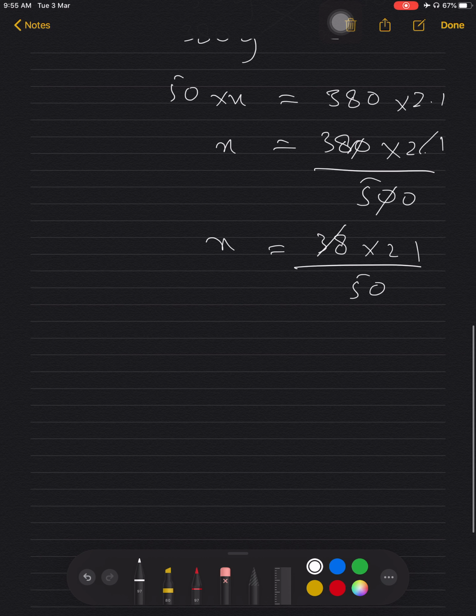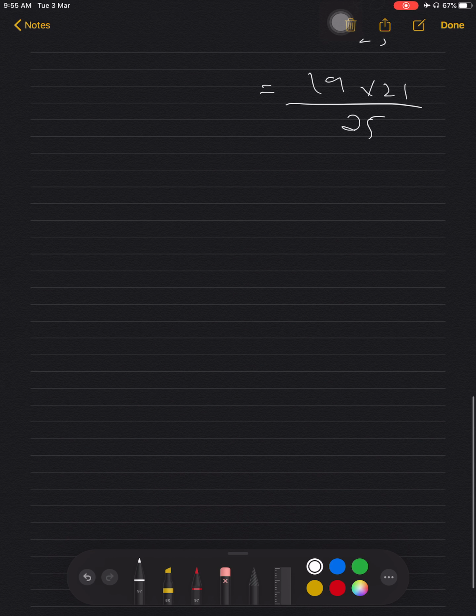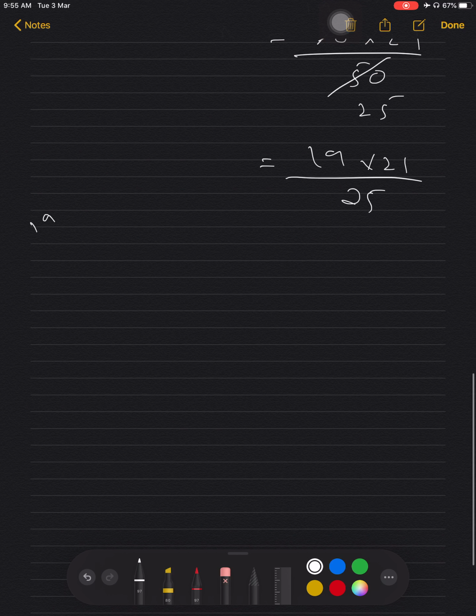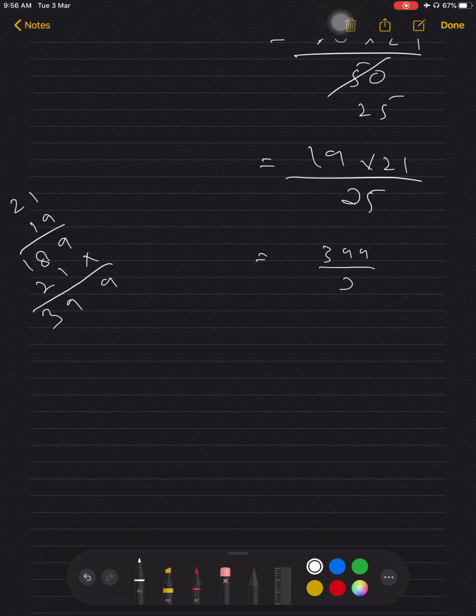Now you simplify, 2 ones are 2, 2 nines are 18, 2 25s are 50. Now 19 times 21 over 25. So if you calculate 19 times 21, this will be 399 over 25.